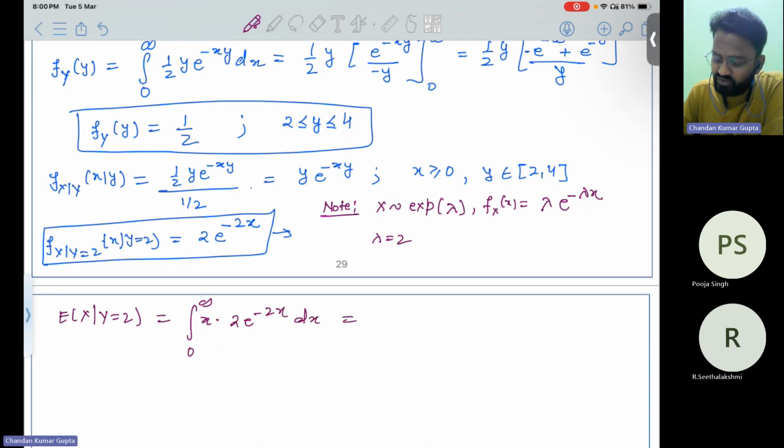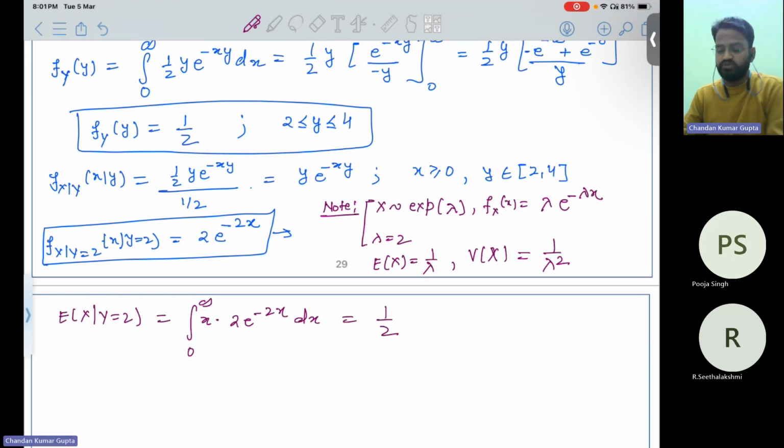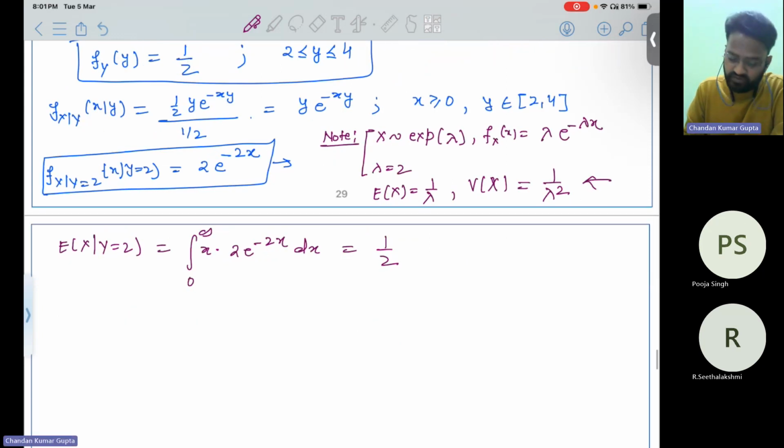Or you may already know that in this case, the expected value of x is nothing but 1 by lambda, and variance of x is nothing but 1 by lambda square. So it comes out to be 1 by 2 when we solve this. So you may use this relation, the univariate exponential distribution. So it is 1 by 2, and variance of x given y equal to 2 is 1 by lambda square, which is equal to 1 by 4.